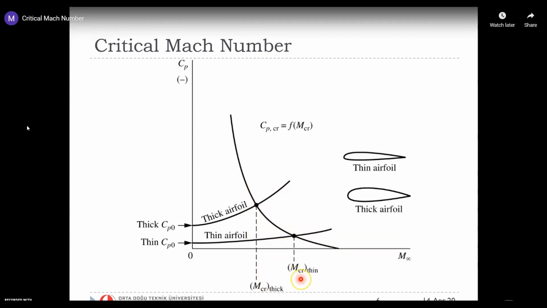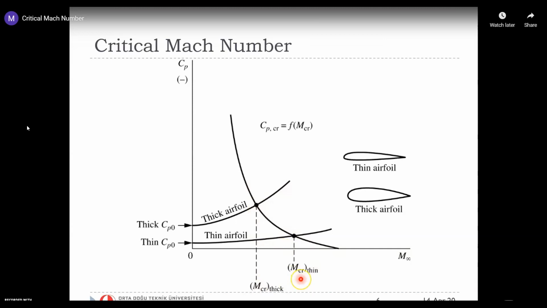A thick airfoil will end up with a lower M critical value, assuming that they are both operating at zero angle of attack, simply because thick airfoil creates a bigger disturbance. At the same M infinity, thick airfoil will reach the supersonic or sonic condition on top of it earlier.